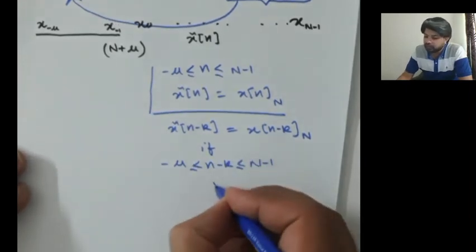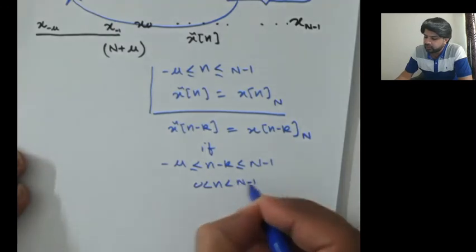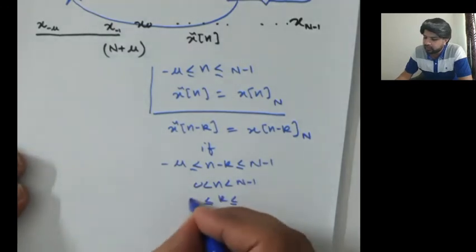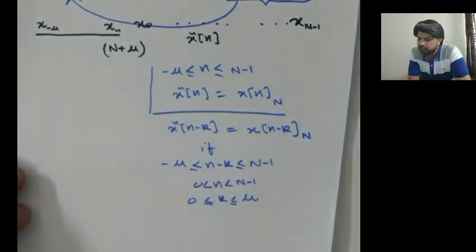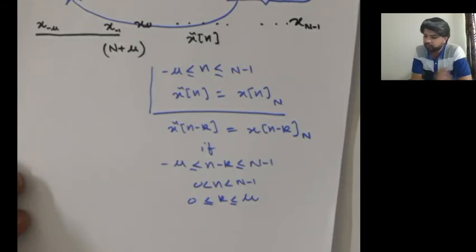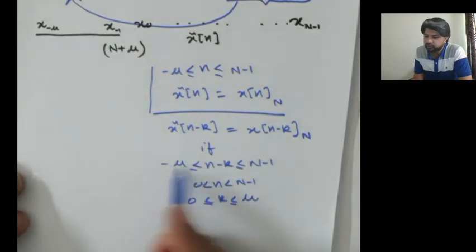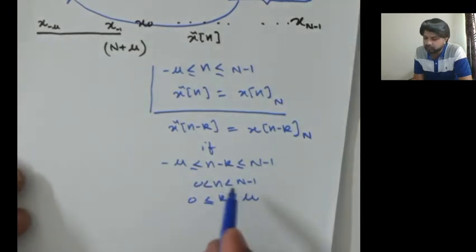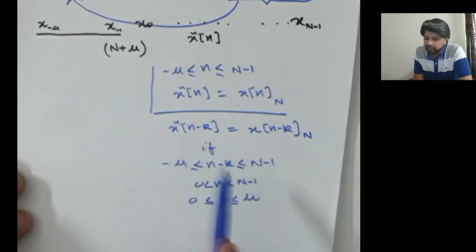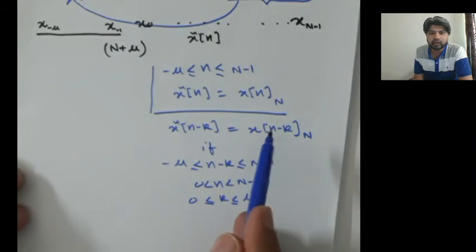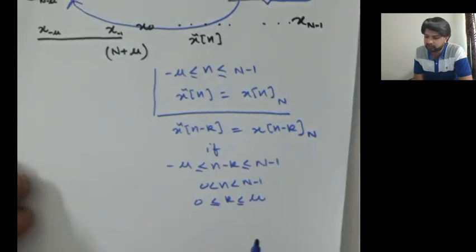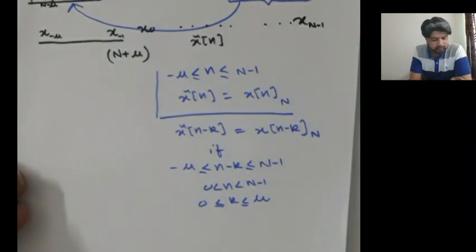So if n varies from 0 to N minus 1 and k varies between 0 and mu, that means that in this range of n and k, your n minus k would be between minus mu and capital N minus 1, and that would mean that your x tilde of n minus k within this range would be a modulo N version of x of n minus k. So now let's see how this happens.